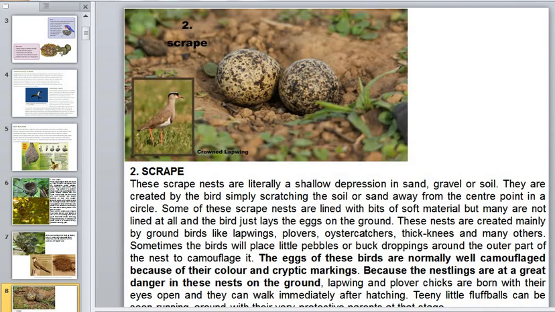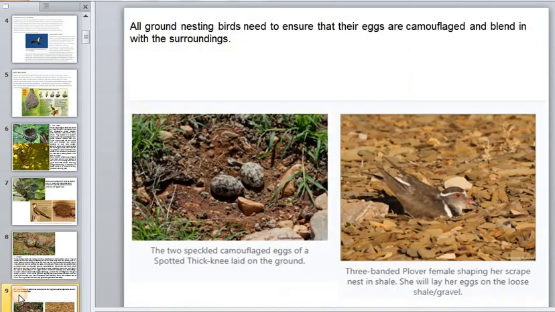And precocial chicks are born with their eyes open, and very quickly, almost immediately after hatching, they walk after their parents, and it helps them to survive, of course.